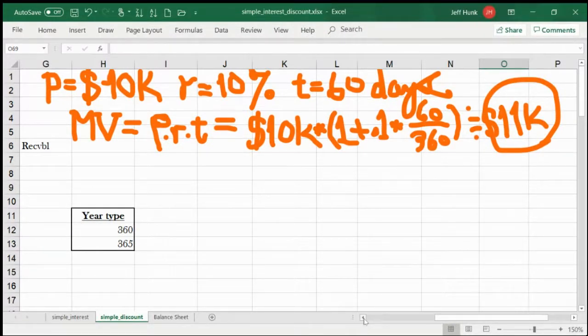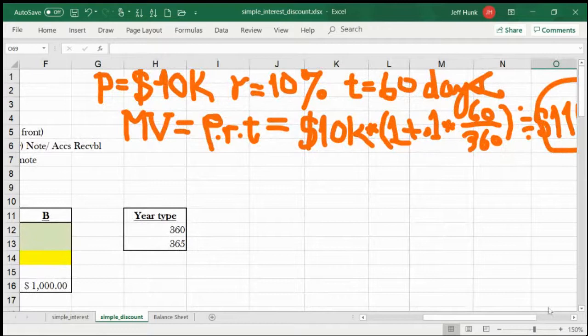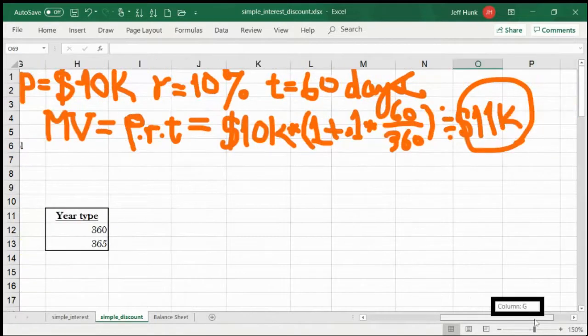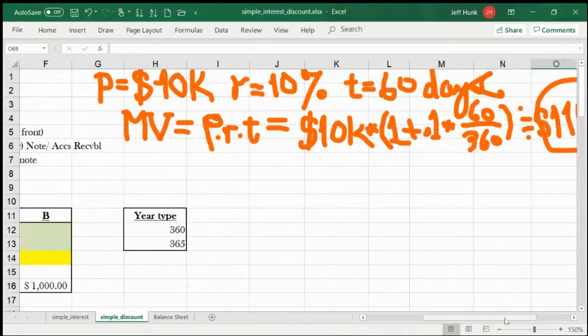Now, this process is called a simple discount, right? And the interesting thing is, in this example they simply discounted it by the interest, right?